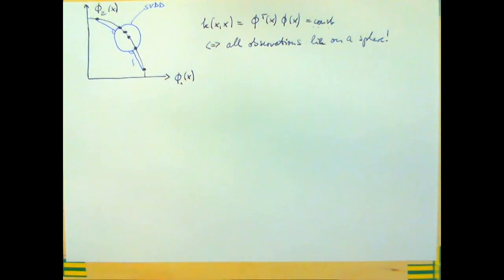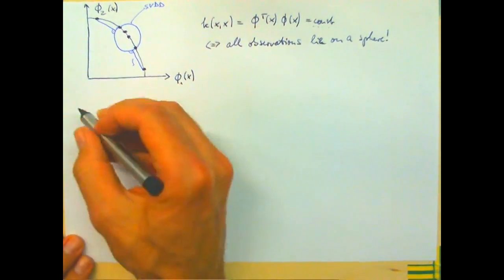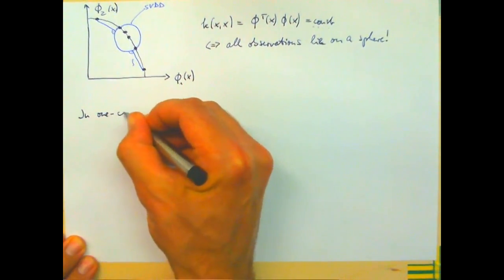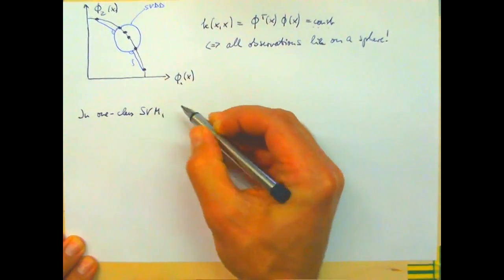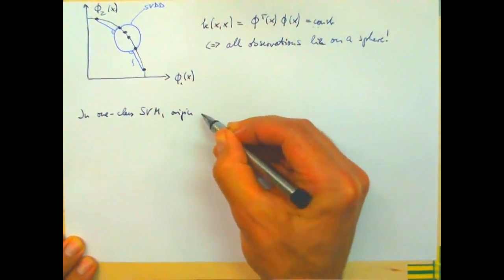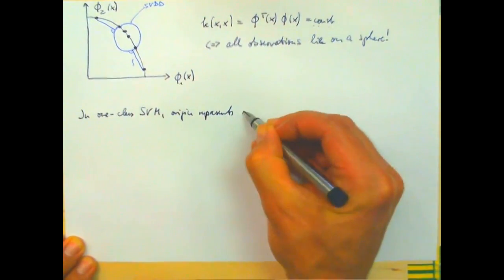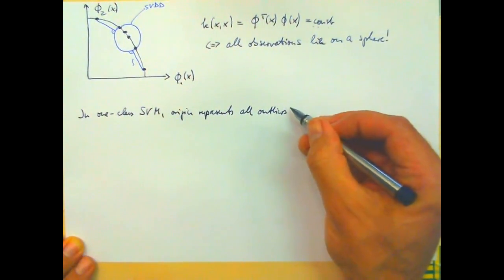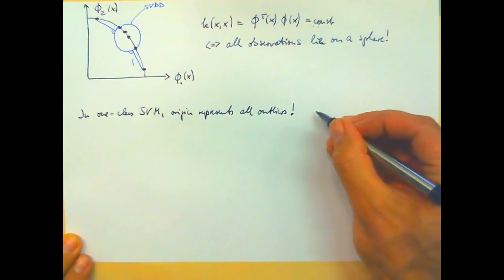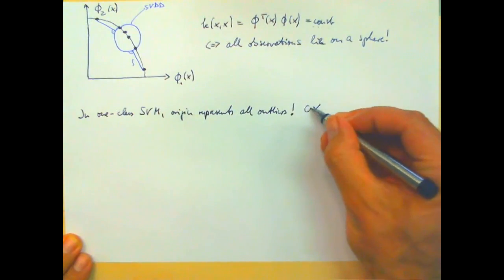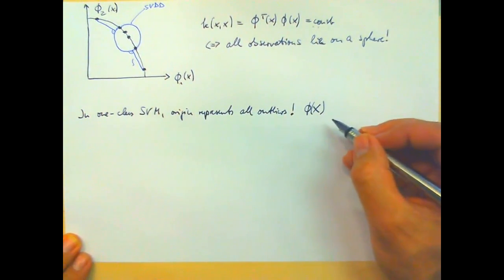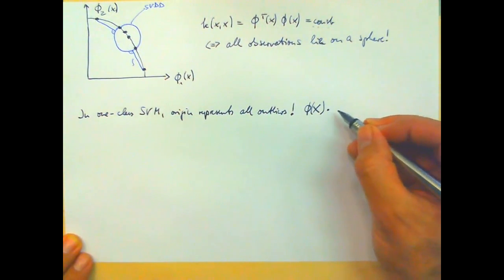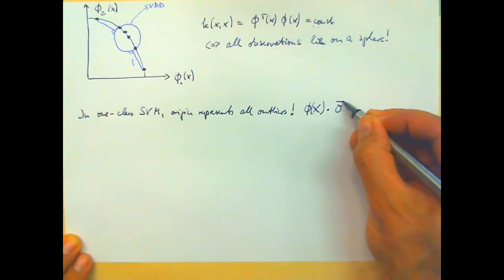Now with the one class SVM, what we effectively do is that we separate all points from the origin. So in the one class SVM, the origin represents all outliers. And the reason is that if we take any vector phi and multiply it with the 0 vector, well, we get out 0.